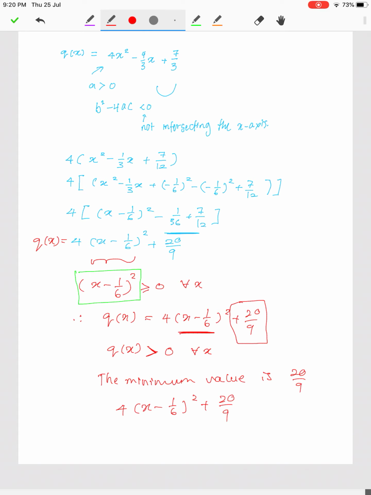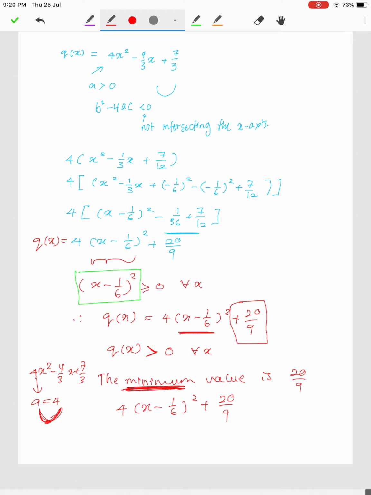You know that a is equal to 4 in the quadratic, because you have 4x squared minus 4 over 3x plus 7 over 3. Because a is 4, therefore it is smiley. This smiley shape means you have one minimum, so that's why it must be a minimum value. So the minimum value is 20 over 9.